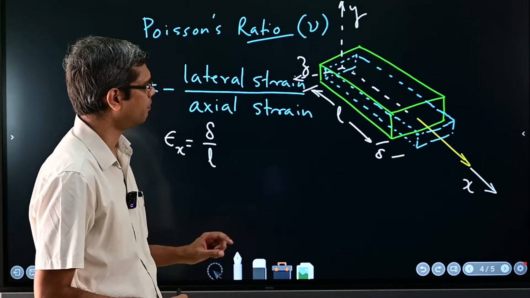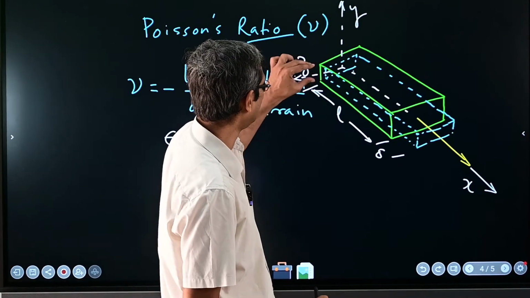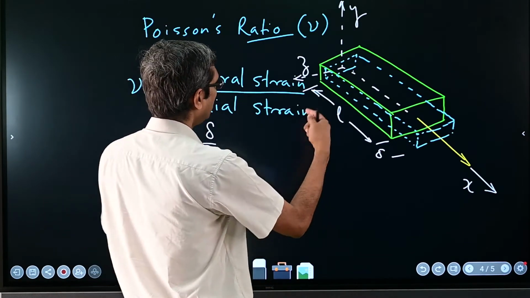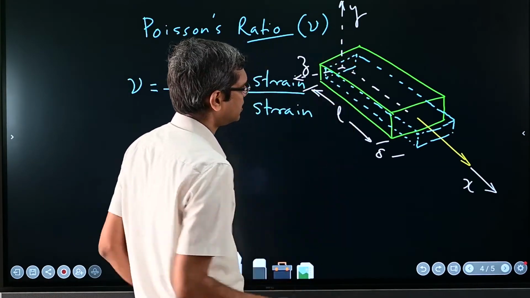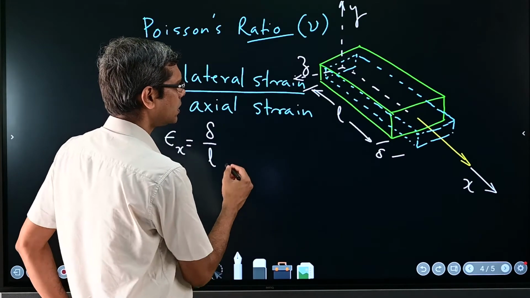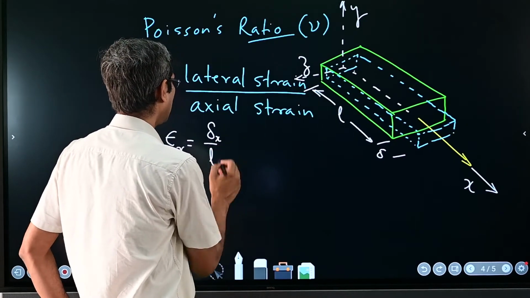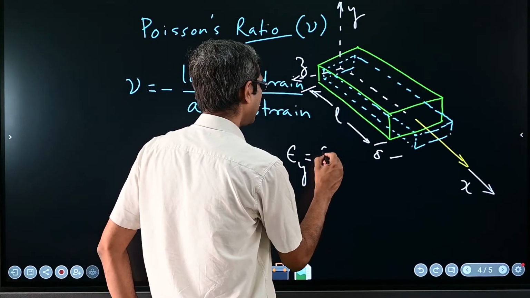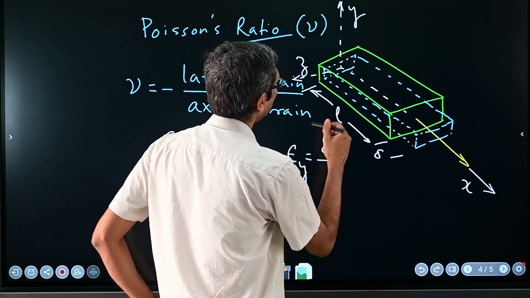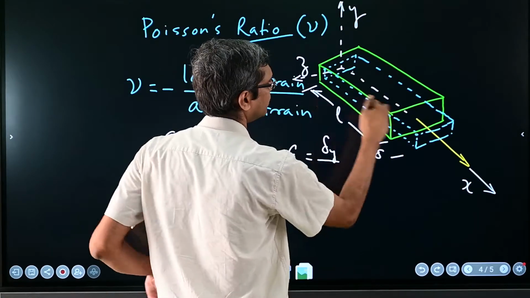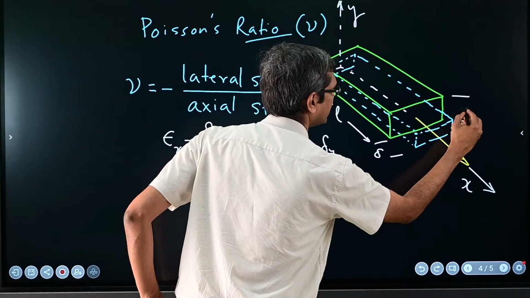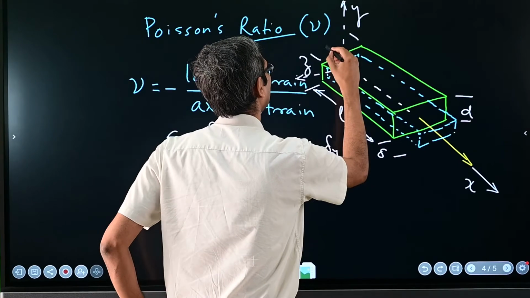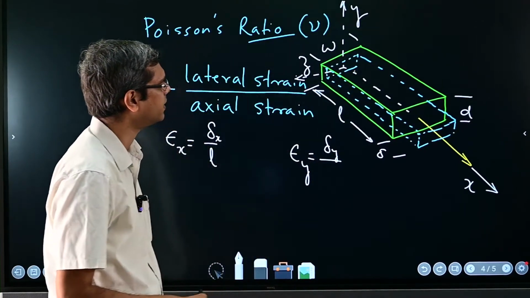Now because of this, some reduction has happened here, okay. Now that will be given by whatever length change has happened. So now suppose this I call delta x. Similarly, we will have epsilon y will be delta y over, this is in y direction, this I'll call depth d, and this is, say, width w, okay, length, depth and width.